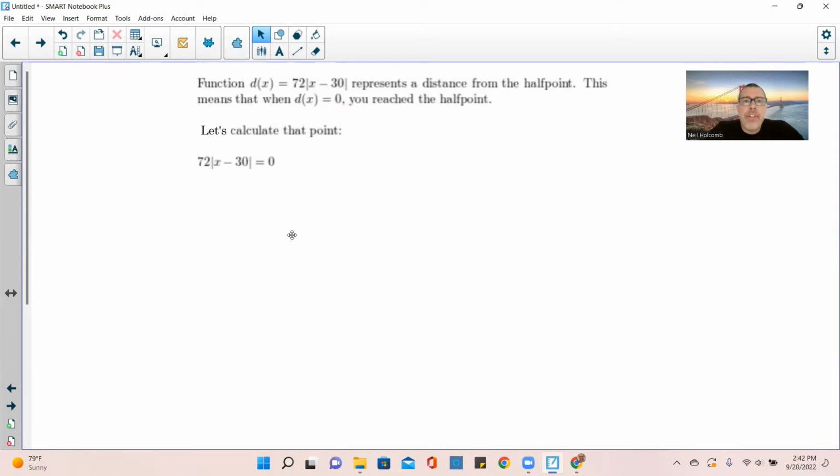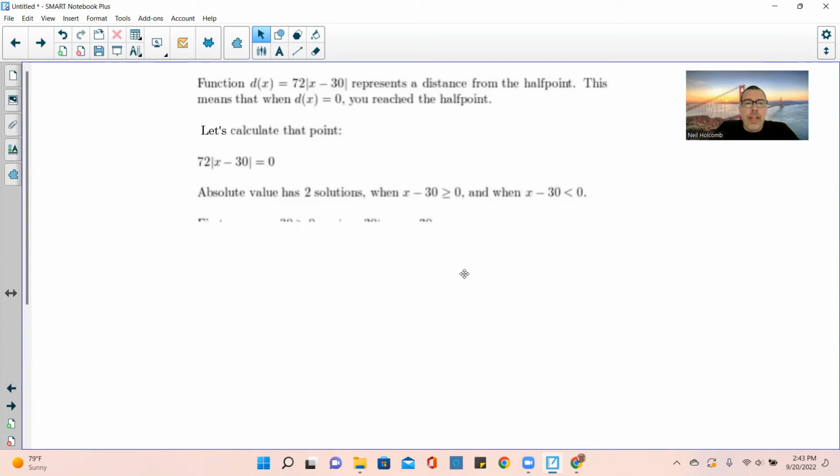So you want to take 72 times the absolute value of x minus 30 equals 0, and we want to solve that. In order to solve this for 0, we divide both sides by 72. The absolute value has 2 solutions, though. Whenever you have an absolute value of x minus 30, there's going to be 2 solutions, the positive and the negative: when x minus 30, what's inside the absolute value bracket, is greater than or equal to 0, and when it is less than 0.